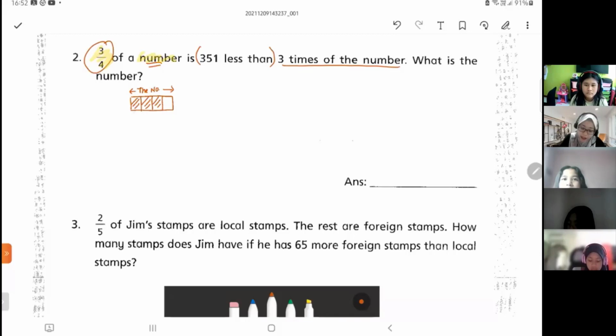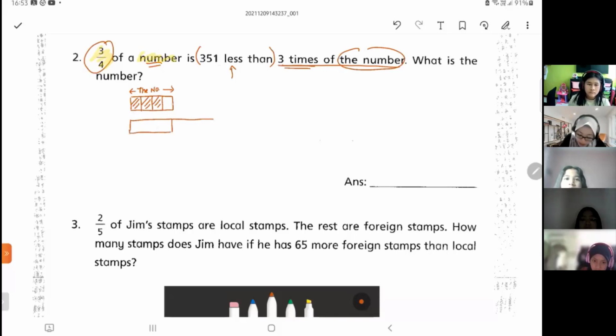So 3 out of 4 parts is 351 less than, okay, we don't do this one first because I want to compare with 3 times of the number. Now the number is 4 parts. Now I want 3 times, which means I will draw 3 times of the number, these 4 parts. I draw 3 times, like this.